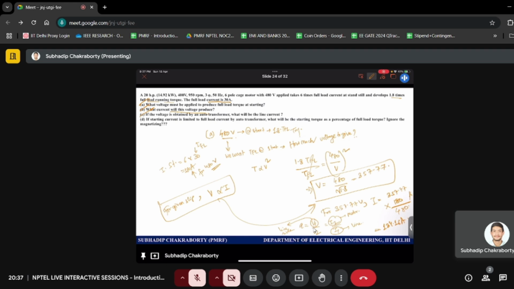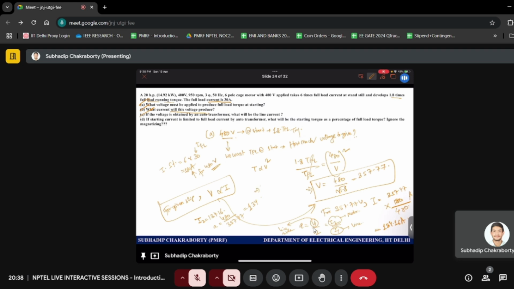So now we know I2 is 134.16. And then we also know A as 480 divided by 357.77. The voltage is reduced, right, due to the auto transformer. So 480 divided by 357.77, which is 1.34, right?